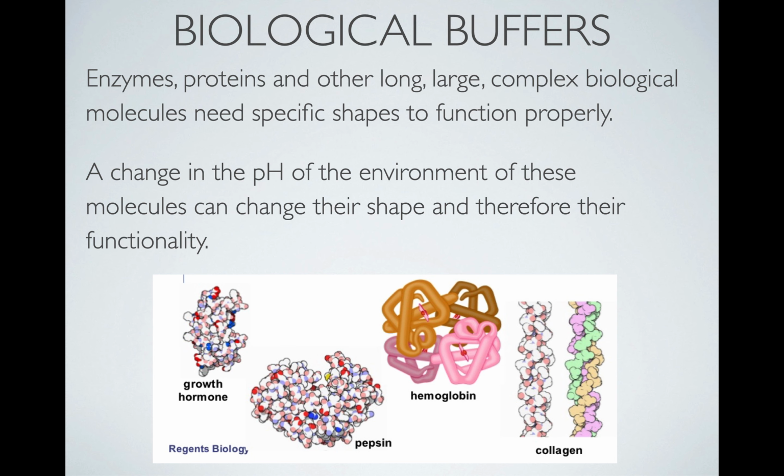If you change the pH around these shapes, it can change them. Because their shapes are specific to the job that they do, if you change the shape, they can't do their job. So maintaining a stable pH is very important in biological systems.